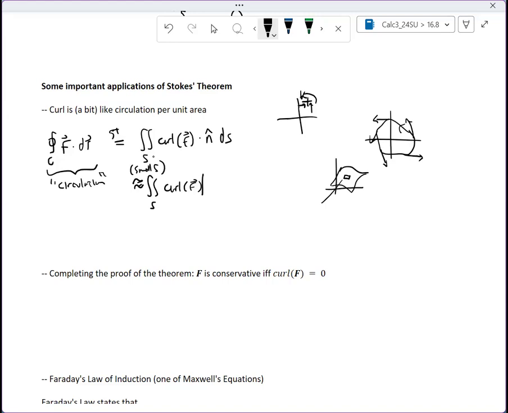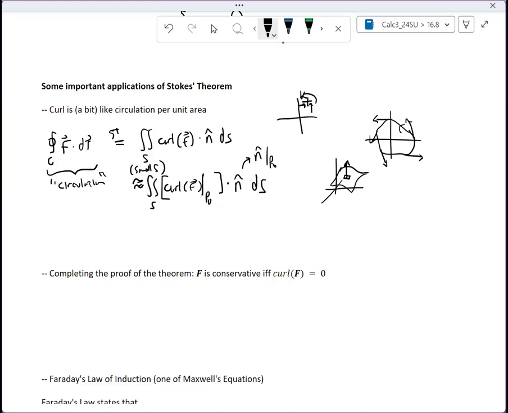Curl of F evaluated at a point p naught, so say the curl of F at this point, dot n dS. But also the normal over this small chunk of surface should also be a constant. I suppose if I really wanted to, I could call this n at p naught as well.